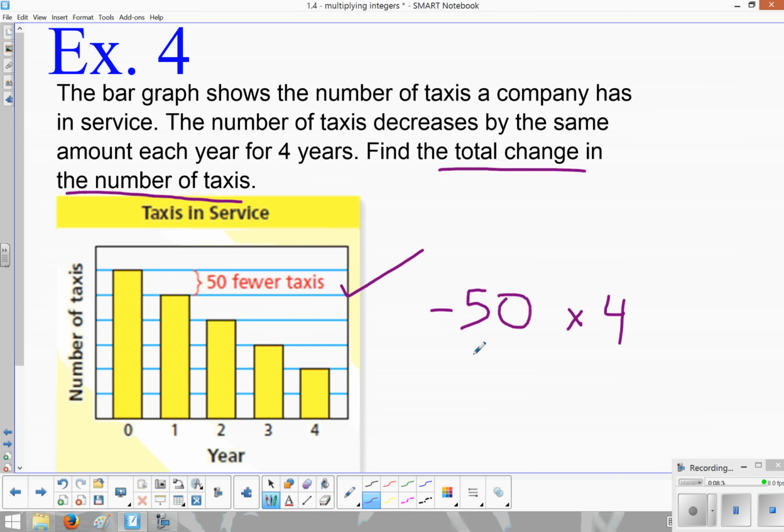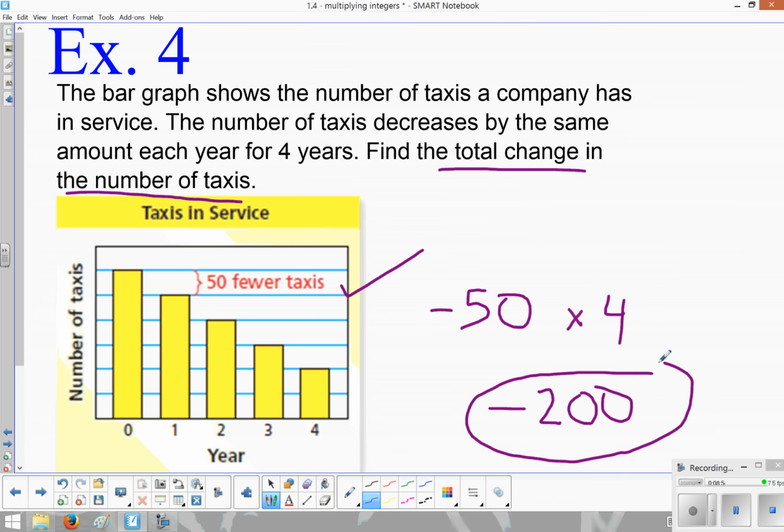Again, using our integer rules that we learned today, we look at the signs. This one's a negative, this one's a positive. Different signs means you'll have a negative answer. And then you'll do 50 times 4, which is -200. So the total change in the 4 years is a difference of 200 fewer taxes.